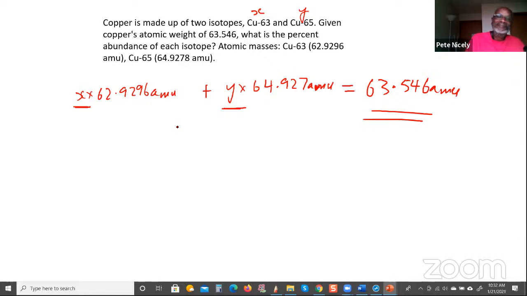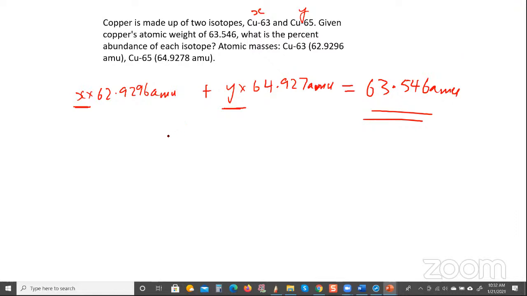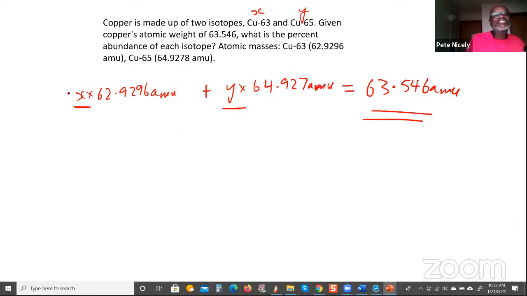So the question is, what would be the second equation which would involve these two unknowns, X and Y? Any ideas? What I'm saying is this equation has two unknowns, X and Y. You cannot solve this equation by itself. You're going to need another equation which contains X and Y as well.